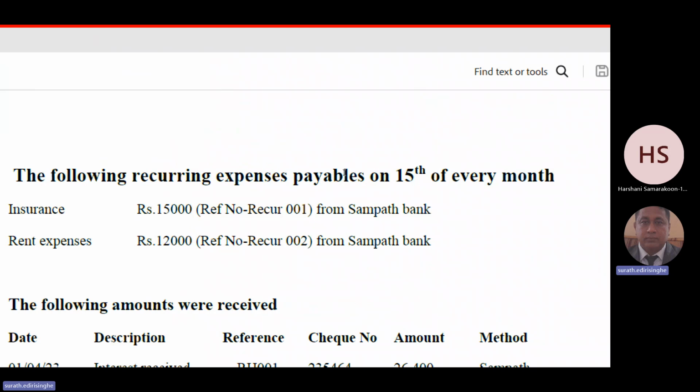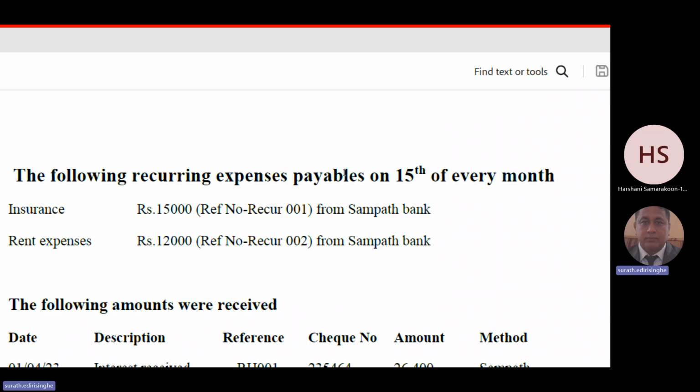Look at this screen. These are special type transactions. Like insurance, rent, your license, your membership, your subscription, that kind of expenses you have to pay continuously. Like rent, insurance, each month you have to pay, like a loan installment.